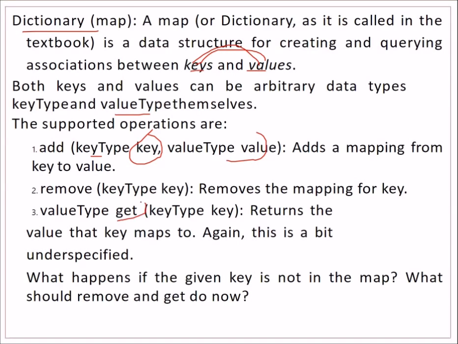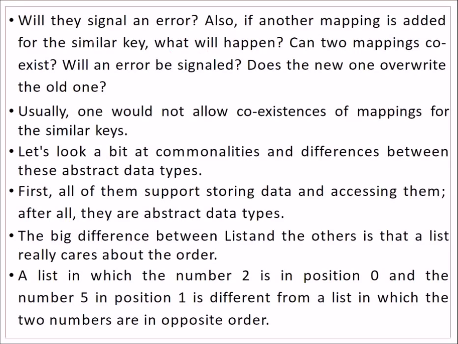Get returns the value that the key maps to, and again we need to specify it more. What happens if a given key is not in the map? What should remove and get do now? These things are always your purview, and perhaps you have to really see what you need to do.